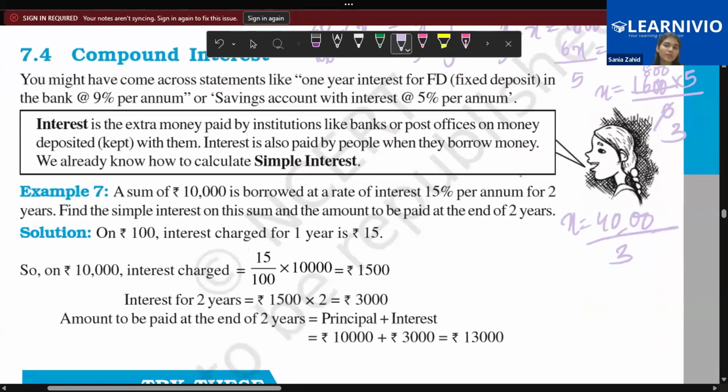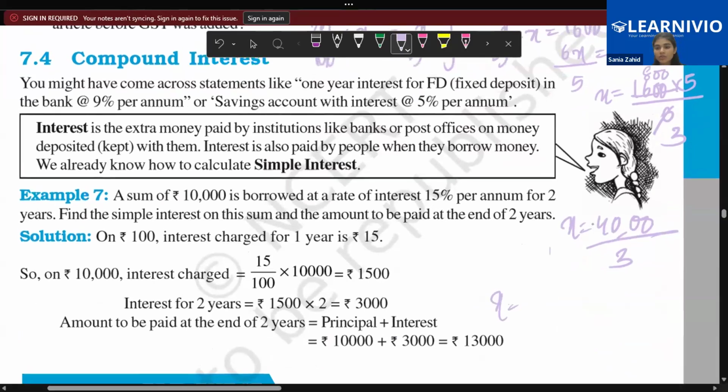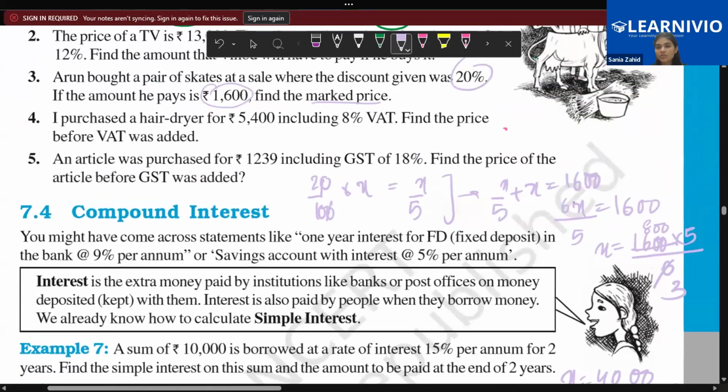Yeah, children, so x will be 4,000 by 3. The answer will be a decimal number. Is everyone getting 4,000 by 3 or not?